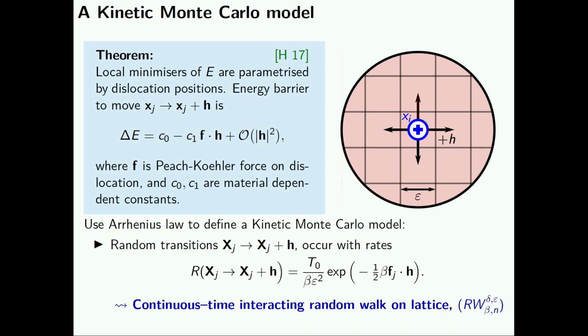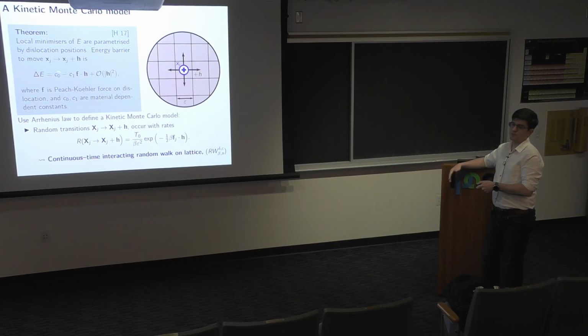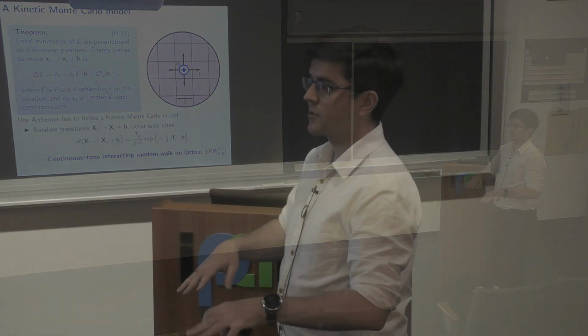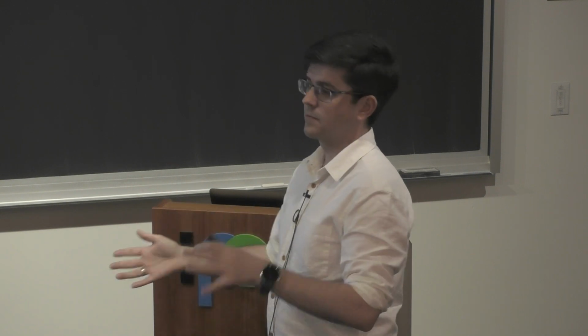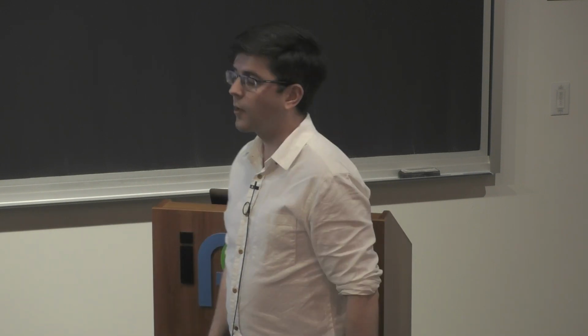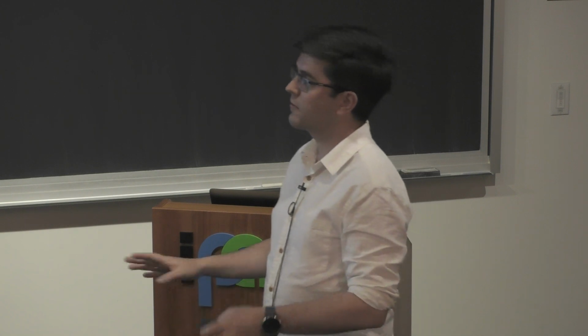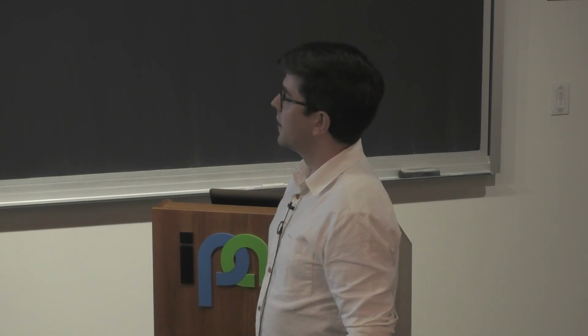So really, F is a function of all the positions of the dislocations and any stress that you apply. And so that's how the interaction happens. You put the dislocations down, you generate a stress field, that gives you a prediction for the Peach-Koehler force, and that will tilt the potential. And as you move them around, the F will change, and therefore they interact in that way. So they interact in kind of a far-field linear elastic way.